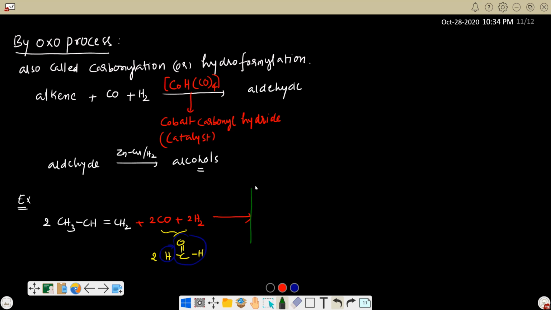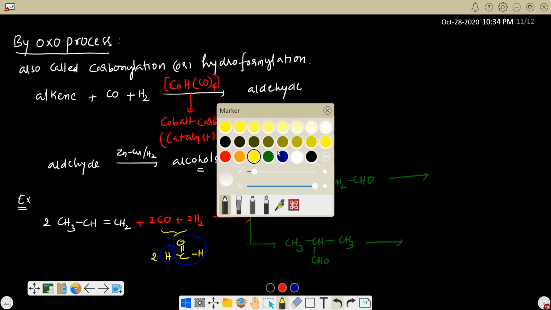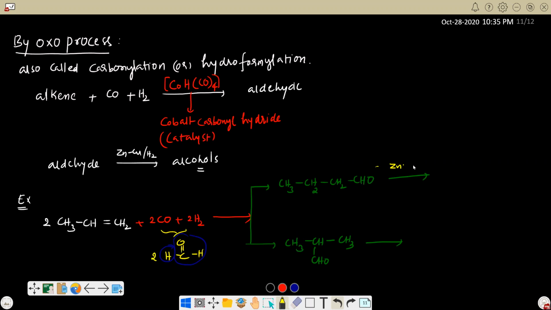So in this case, if H is attached to the middle carbon, I can write CH3, CH2, and this is already CH2, now it is CH2. And the other possibility is the reverse: CH3, CH, to this CH2 is attached, and one more hydrogen attached. It is CH3. Right. So even this compound, on further reduction with zinc and copper couple, you can write zinc copper H2 reduction process.